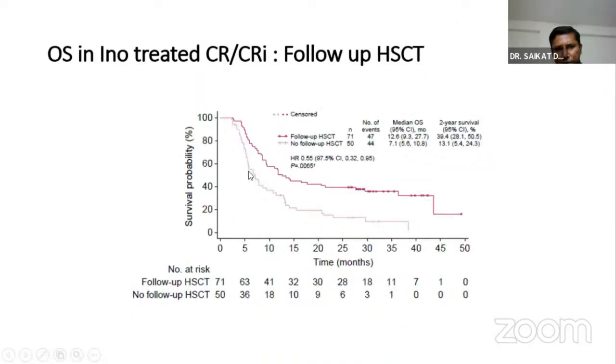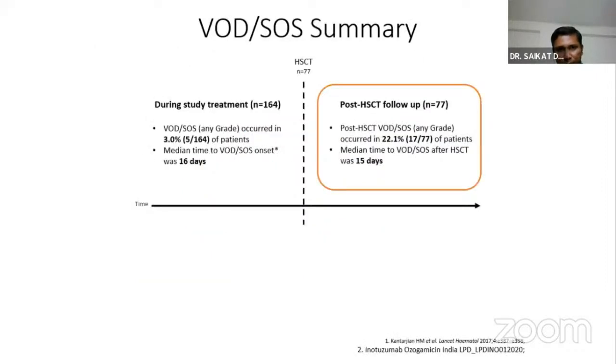When inotuzumab-treated patients underwent stem cell transplant, the 2-year survival approached 40%. So like blinatumomab, with inotuzumab and stem cell transplant, the long-term survival reached up to 40%. It's a great achievement with the use of inotuzumab.